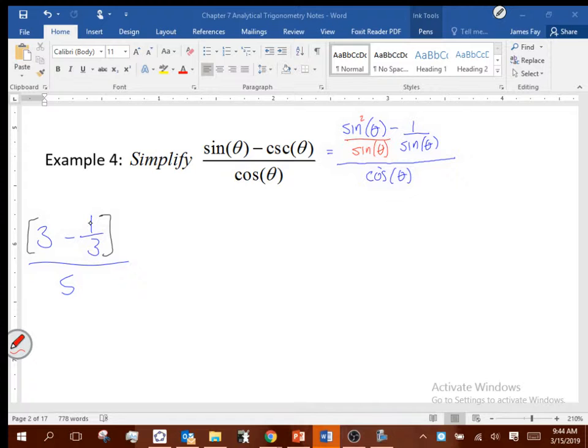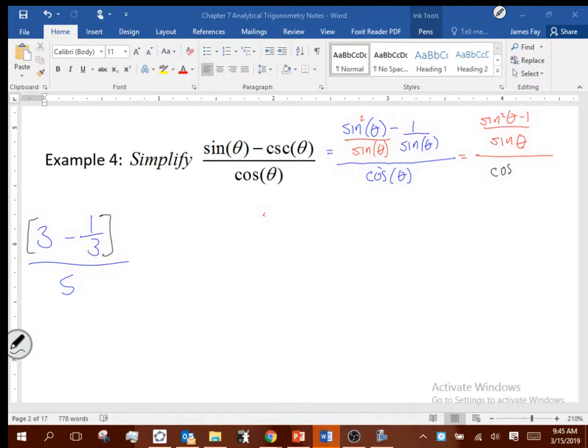So I'm going to rewrite this top. The tablet died. Come on. There we go. I'm going to rewrite this top here as sine squared theta minus 1. That's doing that algebra right there. All over sine theta. Is that okay?